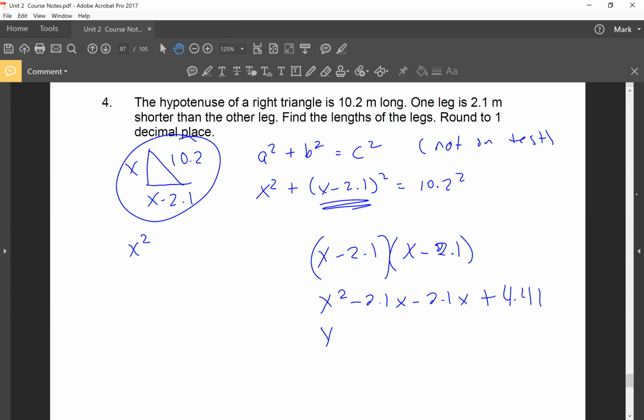So what I get here is x squared minus 4.2x plus 4.41. So x minus 2.1 squared would be what I just wrote down there. Now, just give me one second here, and I'll write this down.